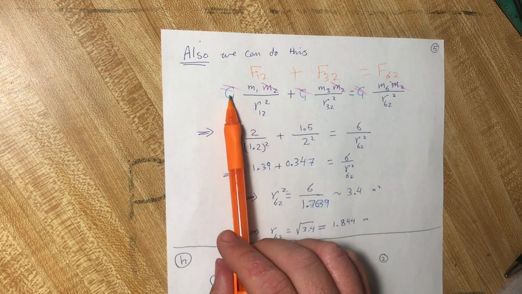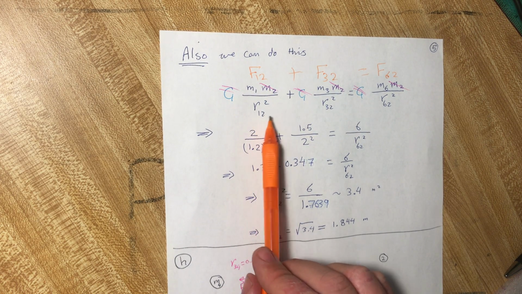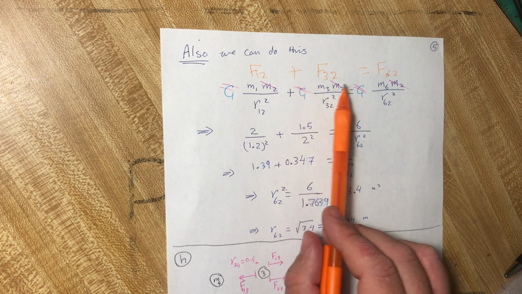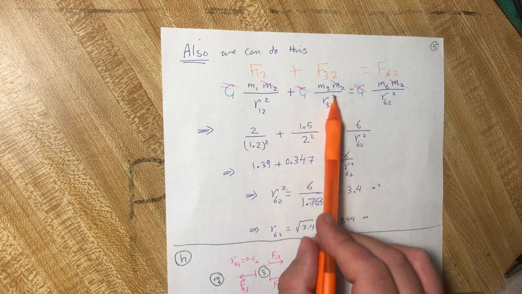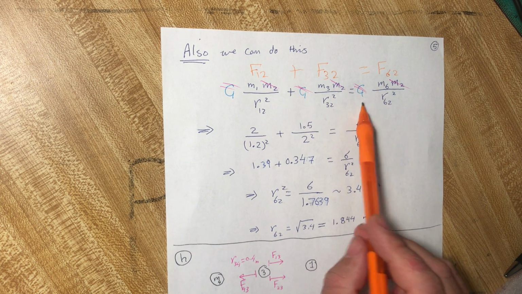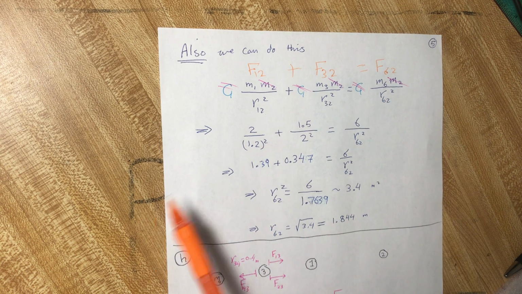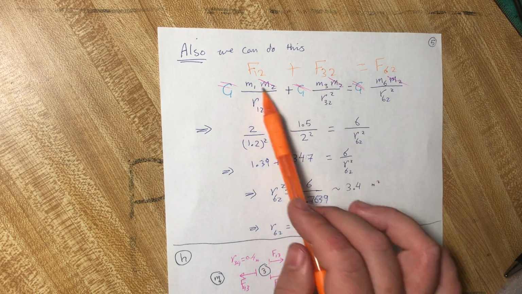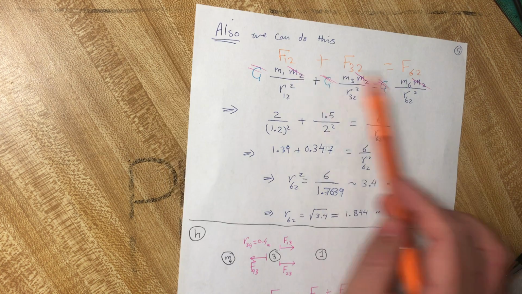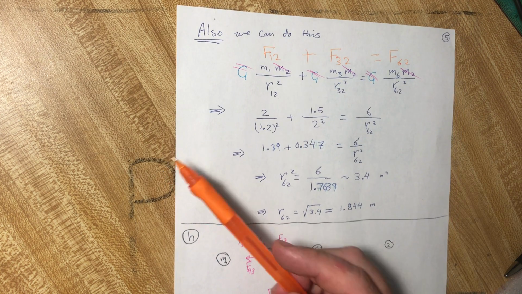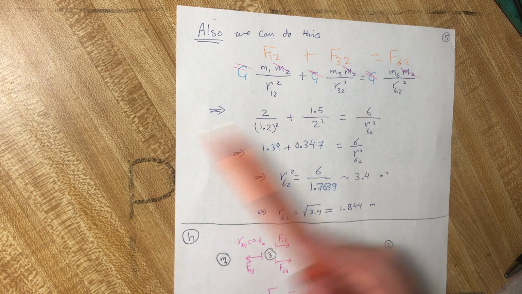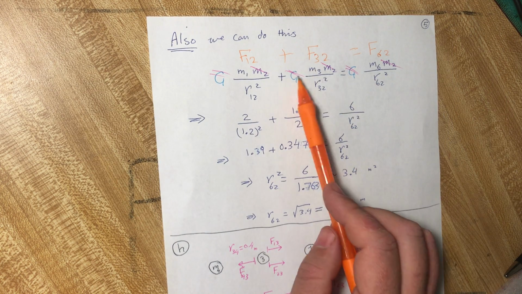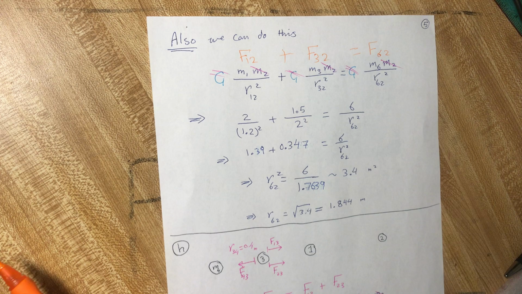It is easy. G M1 M2 over R12 squared plus G M3 M2 over R32 squared is equal to G M6 M2 over R62 squared. Because we have M2 in all the terms, we can cancel it. It is a constant in each term. Because we have the constant G in each term, we can cancel it.